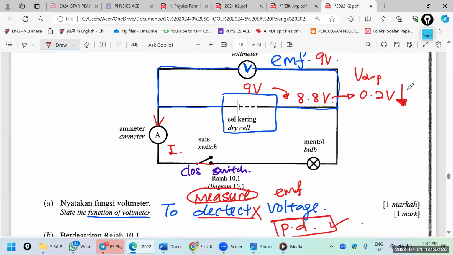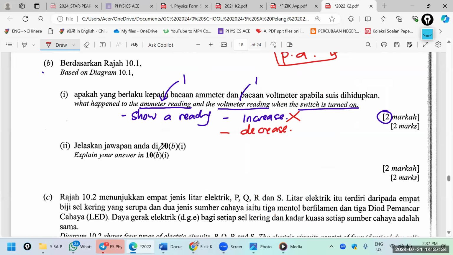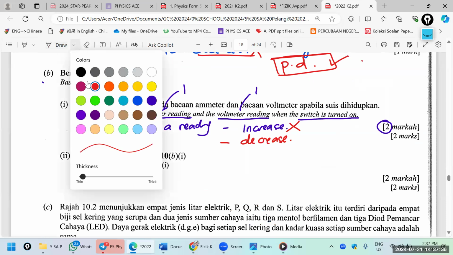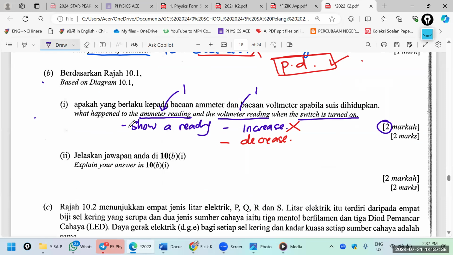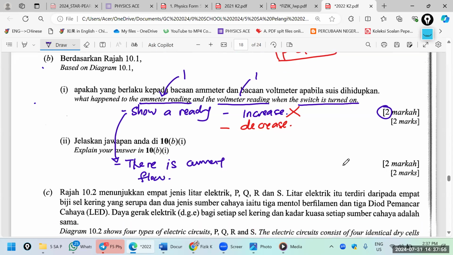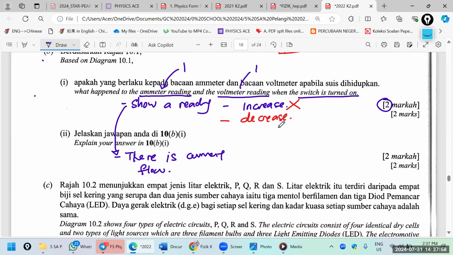If you just say resistance, it is not enough, you should say internal resistance. So the ammeter has a reading because there is current flow, correct? Just now Ethan said there is current flow. Then why does the voltmeter reading decrease?